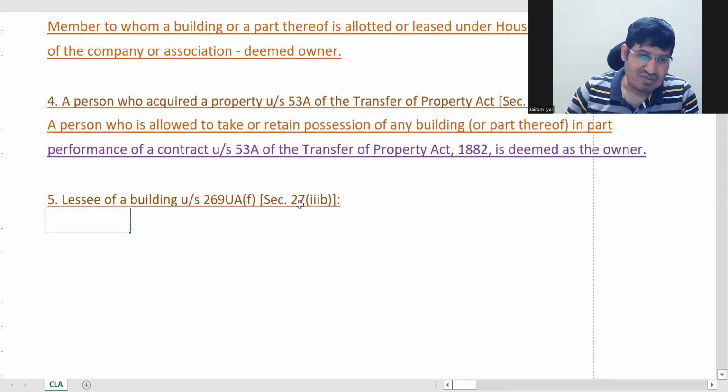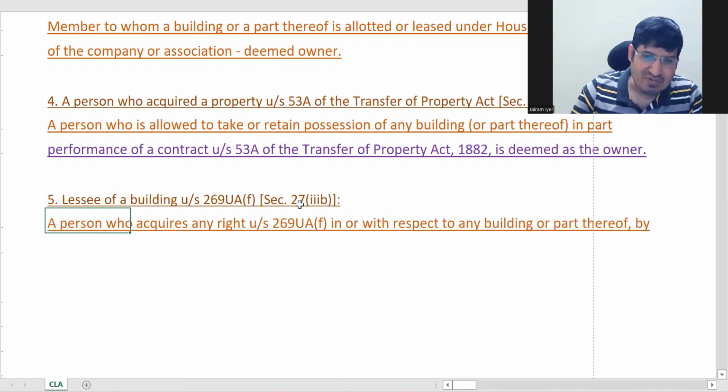Then the last is lease. Now in lease, there are long term leases, and if you take a property on lease for many years, you are basically as good as an owner. Then you should be assessed for income from house property, not the lessor, correct? So the same logic applies here.